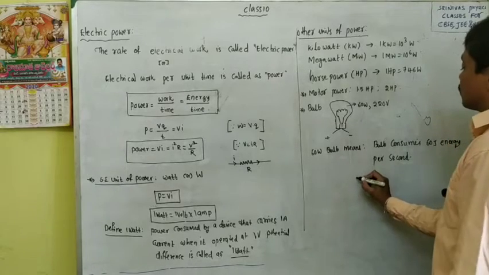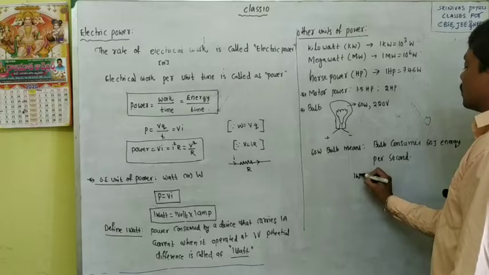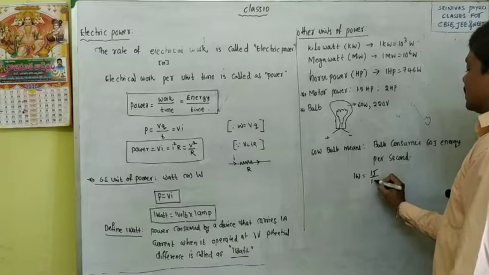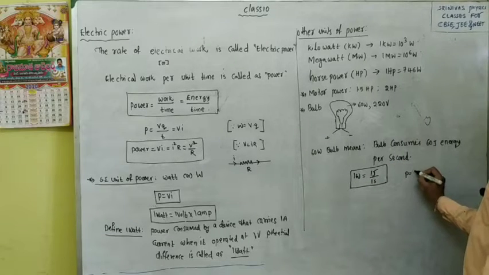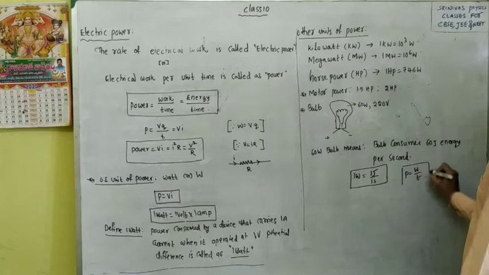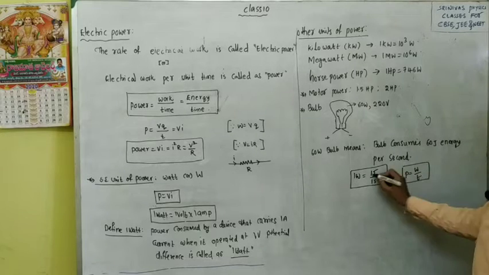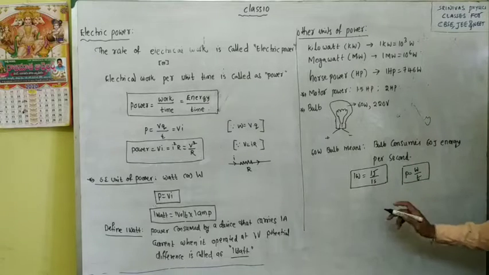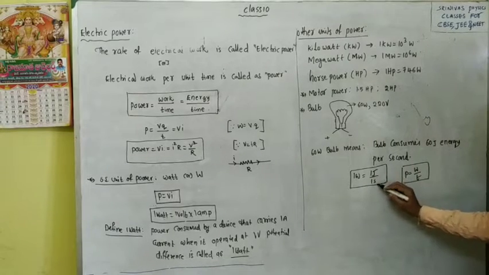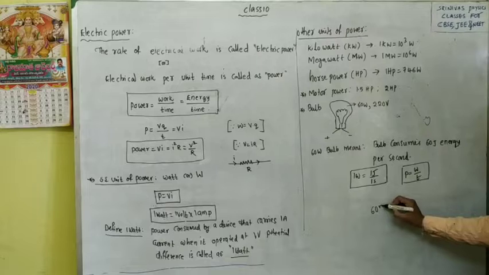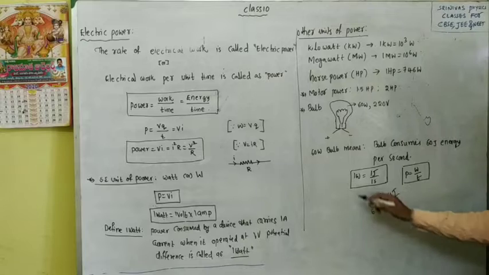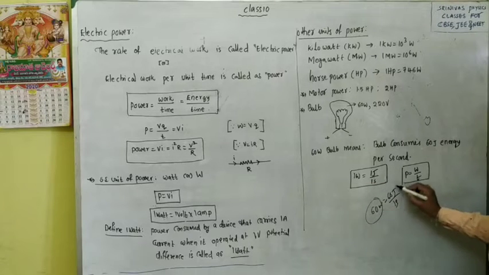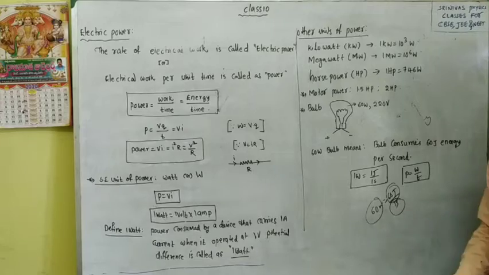We know 1 watt is equal to 1 joule by 1 second. How? Power is equal to work by time. Power is 1 watt, work is 1 joule, time is 1 second. So 1 watt is nothing but 1 joule by 1 second. 60 watt is 60 joule by 1 second. That means 60 watt is 60 joules of energy used every second.